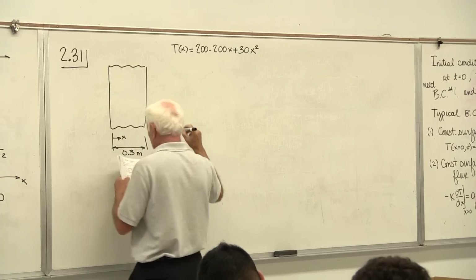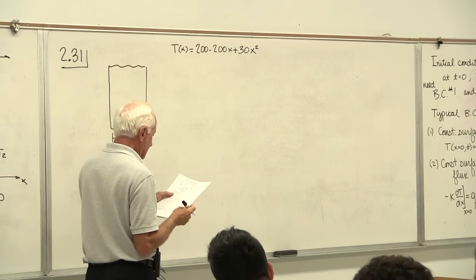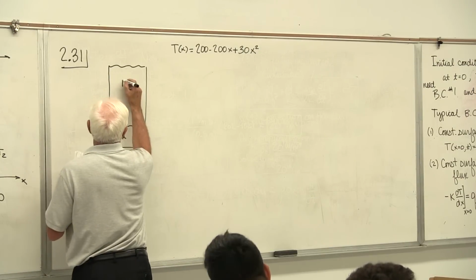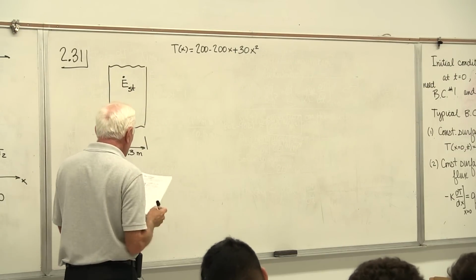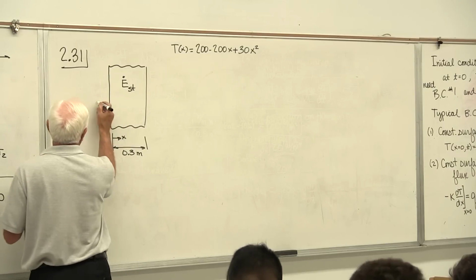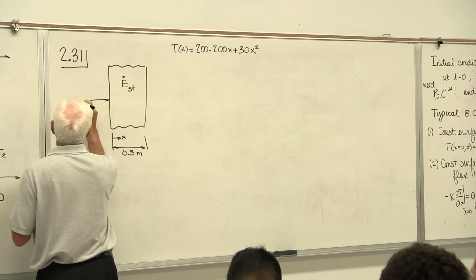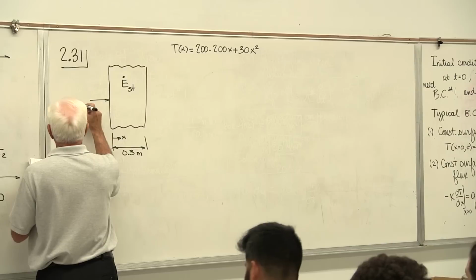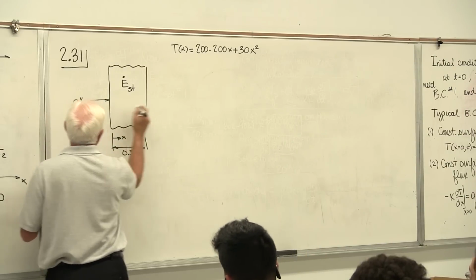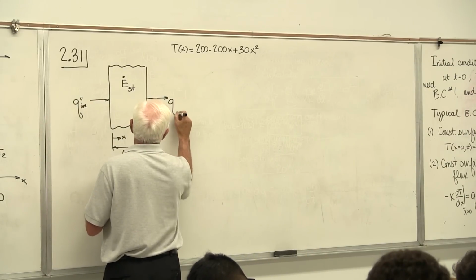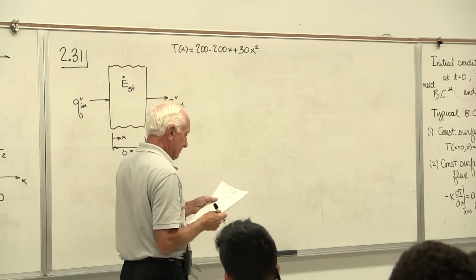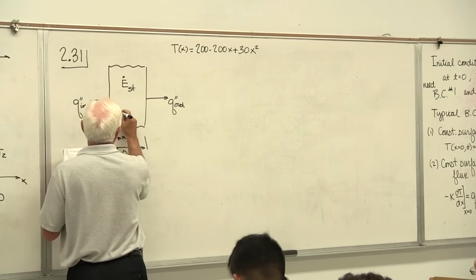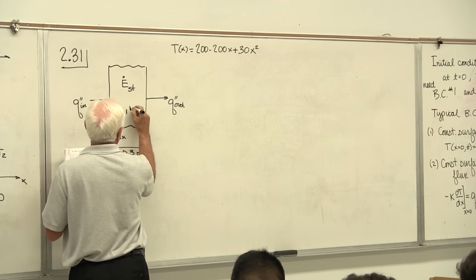Okay, we've got storage in there, so this is a time varying problem. We've got conduction coming in. K of the wall is given as 1.